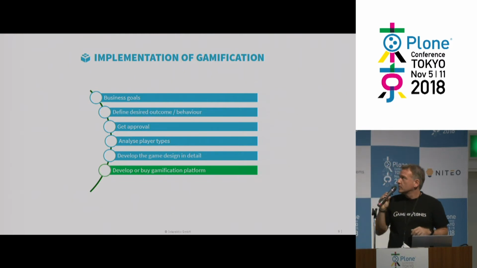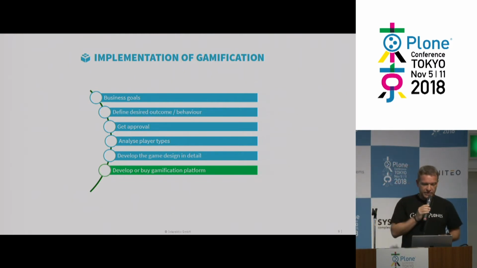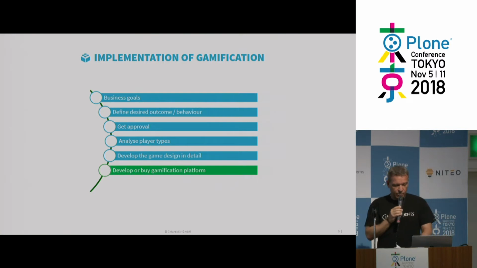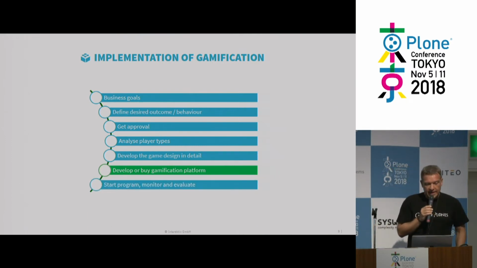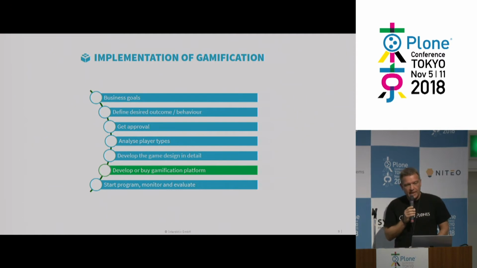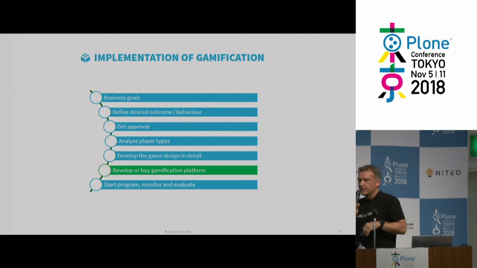Everything else was pretty simple, but then we came to this question, how could we manage our gamification model or our gamification program? When you start the program, it's very important that you have this feedback cycle. You cannot just let the gamification run and it will be good.